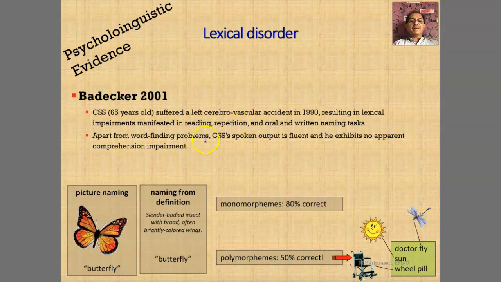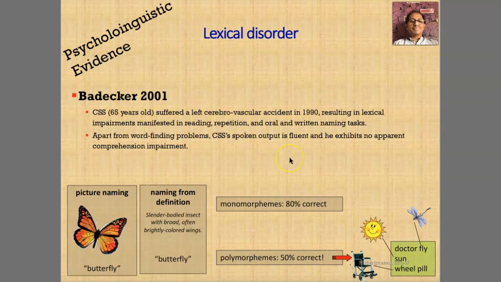Apart from word finding problems, CSS's spoken output is fluent. He was very fluent, and he exhibits no apparent comprehension impairment. So his comprehension is all right. He is able to understand, but only while repeating or naming or reading he had a problem.